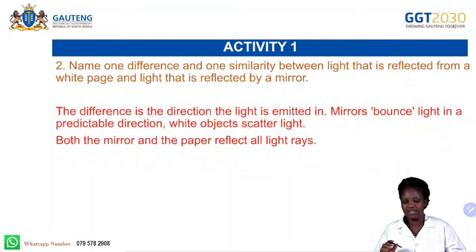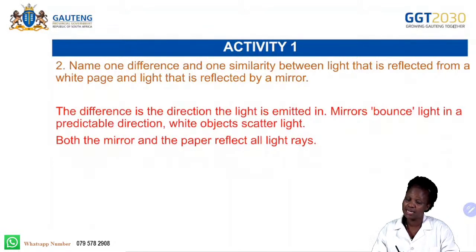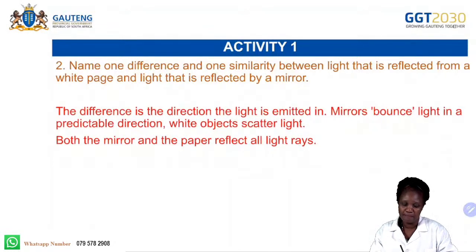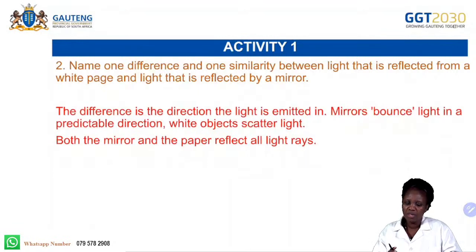Name one difference and one similarity between light that is reflected from a white page and light that is reflected by a mirror. The difference is that mirrors bounce light in a predictable direction, while white objects scatter light.